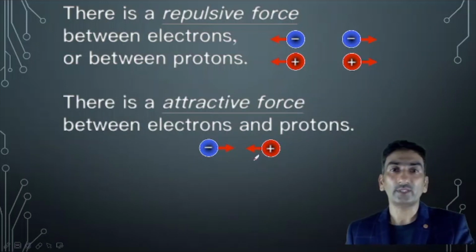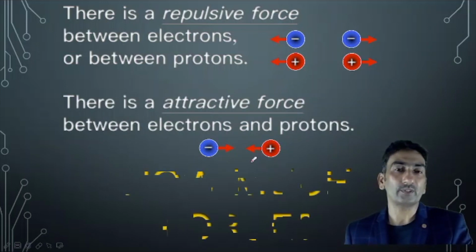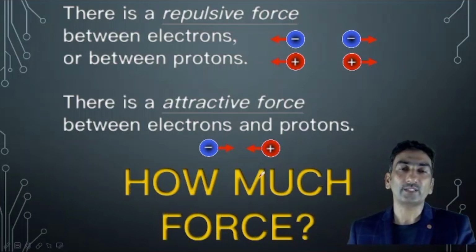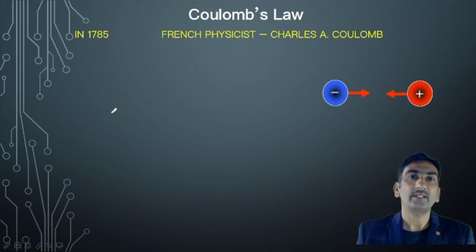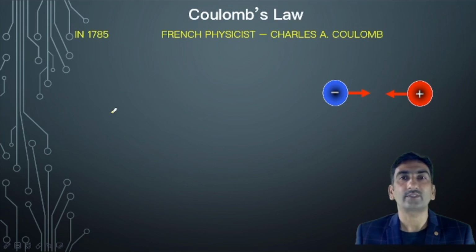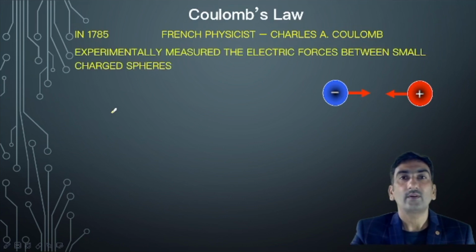Now the question is, attractive or repulsive, how much force is this? Coulomb's law will help us find the force between two charged particles. What is Coulomb's law? In 1785, a French physicist, Charles A. Coulomb, experimentally measured the electric forces between small charged spheres.